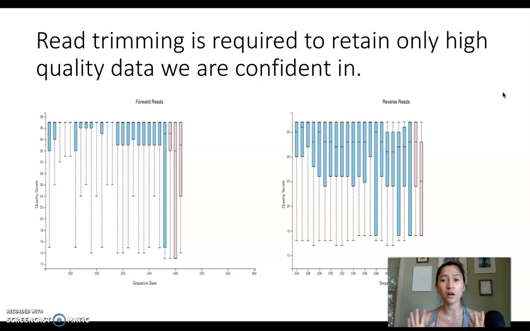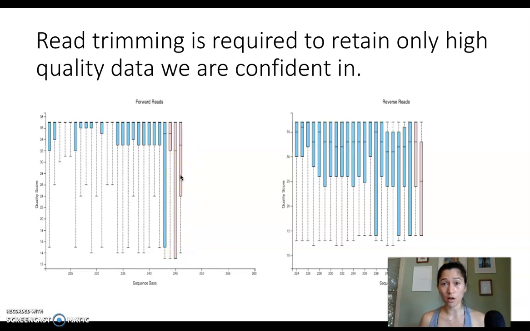When we are looking at our sequencing reads, at this point, we're using every single read we've obtained for our data analysis. But really what the quality plots are telling us is that even though the sequencer gave us nucleotides for every one of those 250 base pair positions, the nucleotides that it gave us at the end of the read, it's not very confident in.